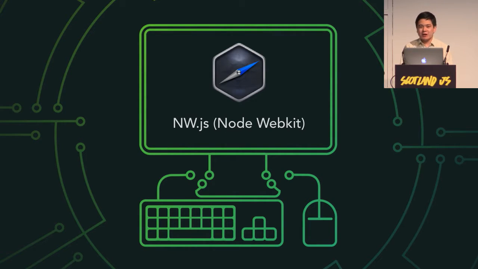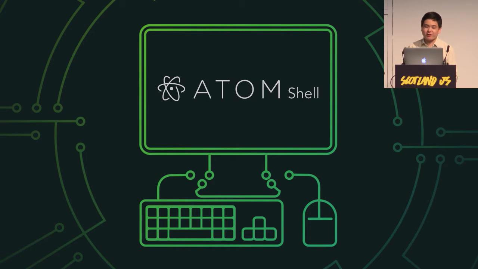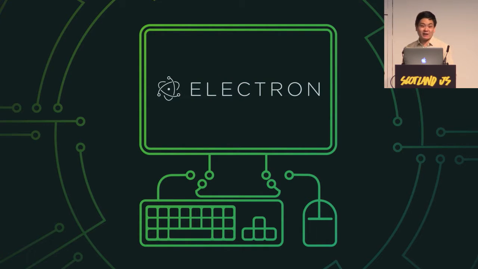Plus being able to integrate with a lot of the native system pieces that all other applications have been able to do. So these are some of the issues with Node WebKit, and about 2 years ago, the GitHub team took one of the original creators from WebKit and started working on their own text editor, Atom, that was designed to be a desktop text editor built in modern web technology that was hackable to its core. And from that, they created this project called Atom Shell, which about 6 months ago got rebranded to Electron.